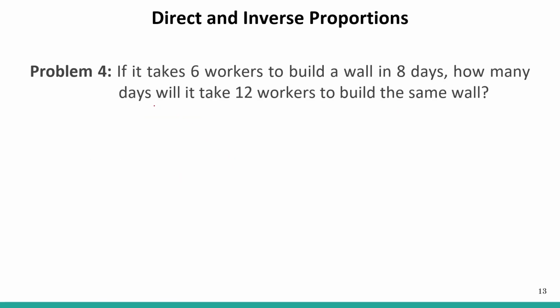If it takes 6 workers to build a wall in 8 days, so you have 6 workers here and they take 8 days to build a wall. How much time will it take for 12 workers to build the same wall? By method 1, we can use the work time formula, that is 6 into 8 is equal to x into 12, right?